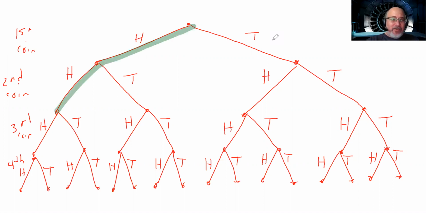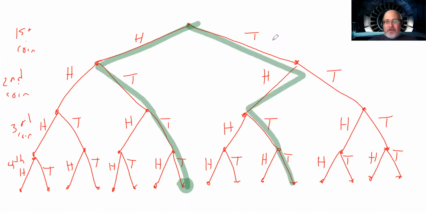Well, none of these because they already have 2. And if we do that one, then it's got to be that, so this branch. And then to have 1 or 0 heads, here's one of the branches that does that. Here's another. Here's another. And then there's another.